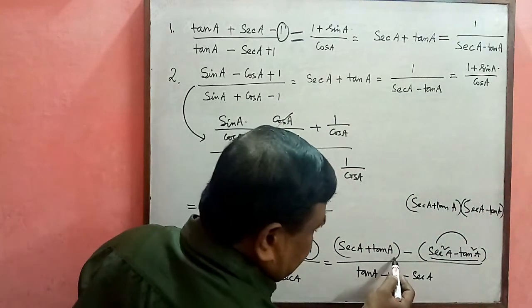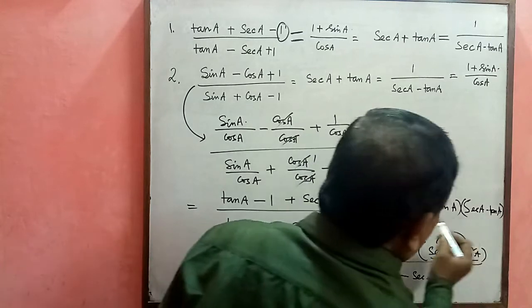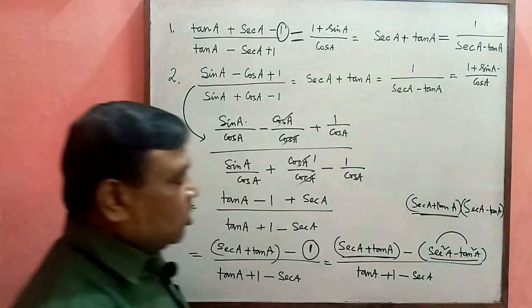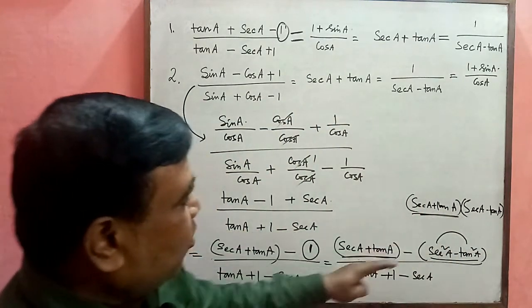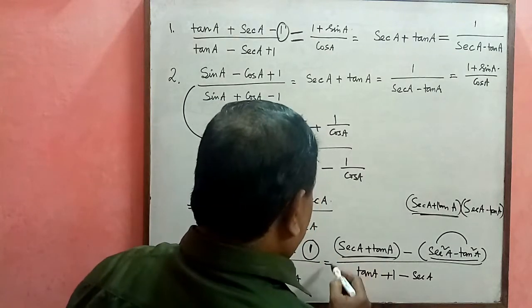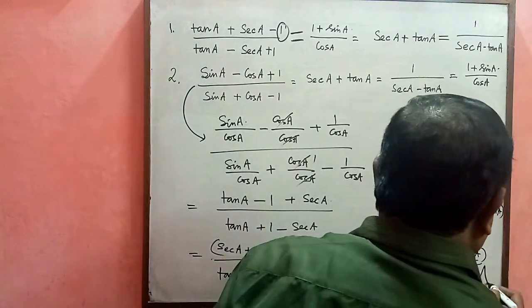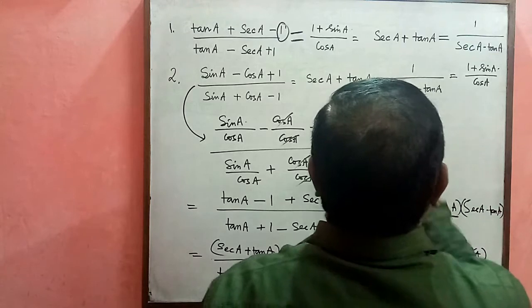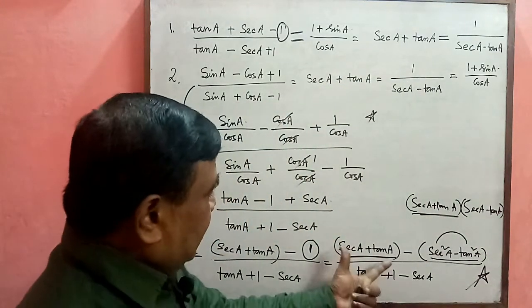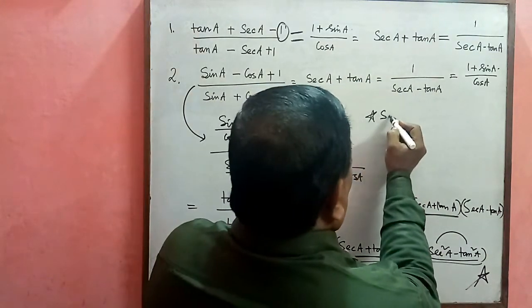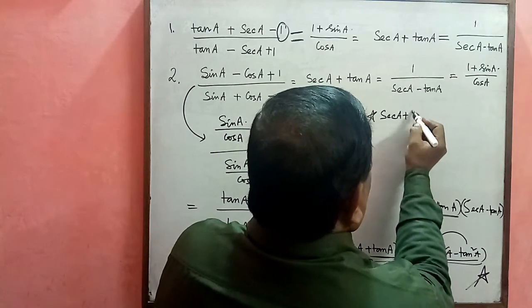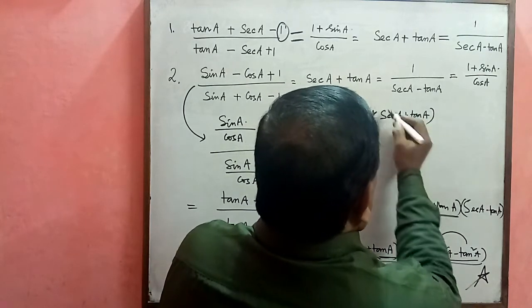So you see here sec A plus tan A is common. So we can take sec A plus tan A common directly here. Let's say after this step you come here. Now I am taking sec A plus tan A common.